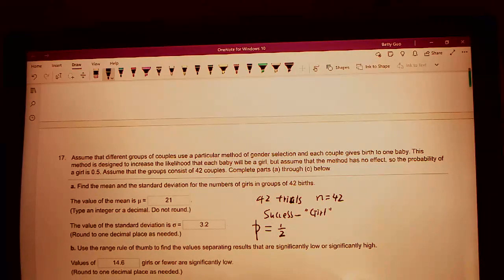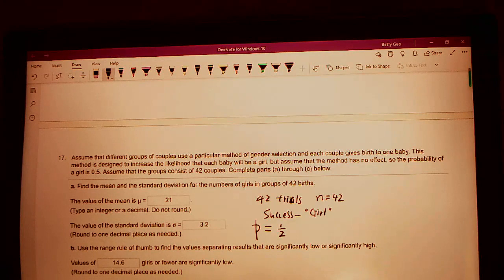The first condition, there is a fixed number of trials. We have 42 trials, so condition 1 is satisfied. Condition 2, the 42 trials are independent. Condition number 3, for each trial, the outcomes can be divided into either success or failure. We have exactly only 2 outcomes.